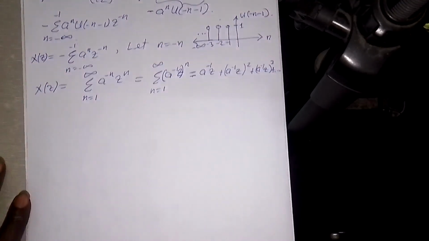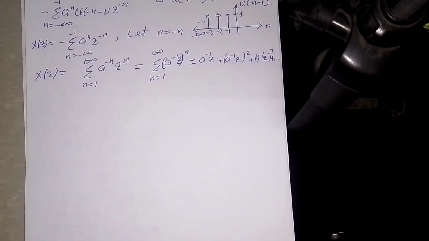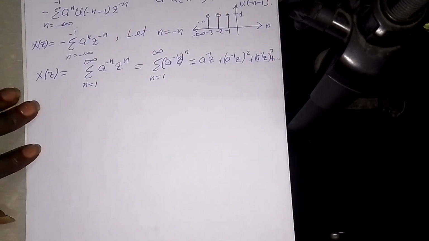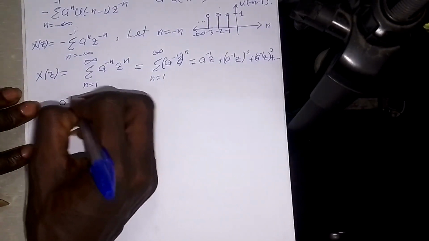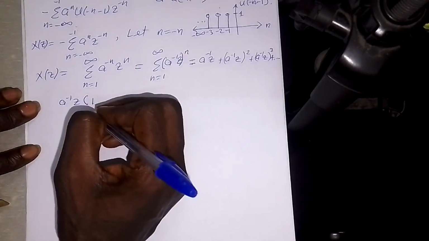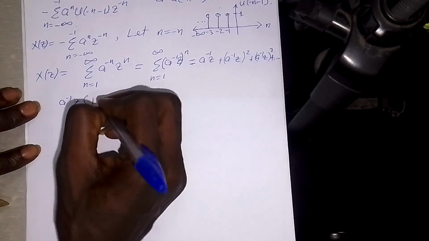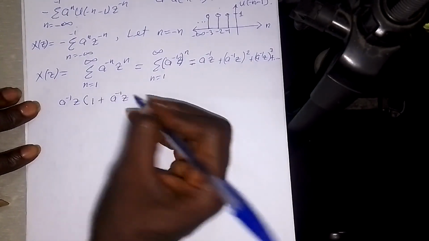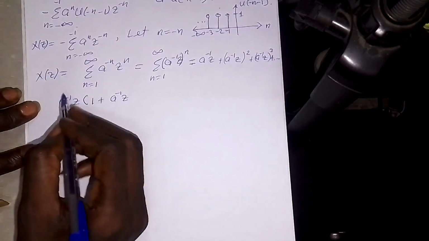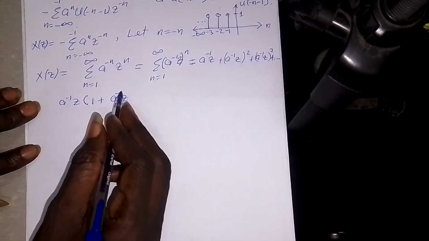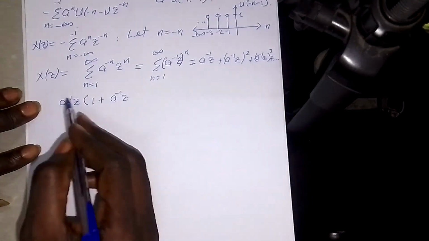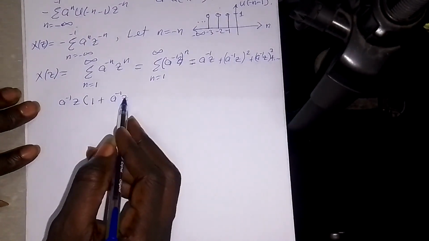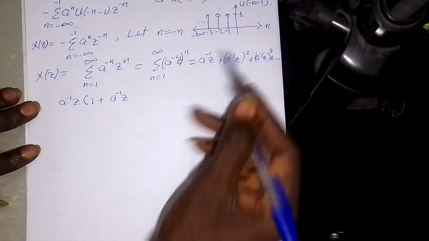So now what I can actually do is factorize out. If I factorize out A minus 1 Z, I'll get 1, and then plus A minus 1 Z. Because A exponent minus 1 times A exponent minus 1 will give you A exponent minus 2, and Z exponent 1 times Z exponent 1 gives Z exponent 2, so it's the same.